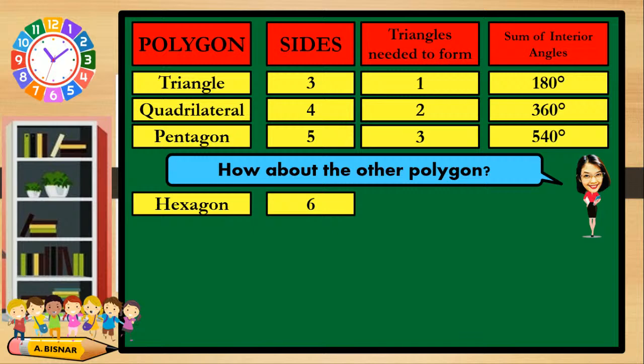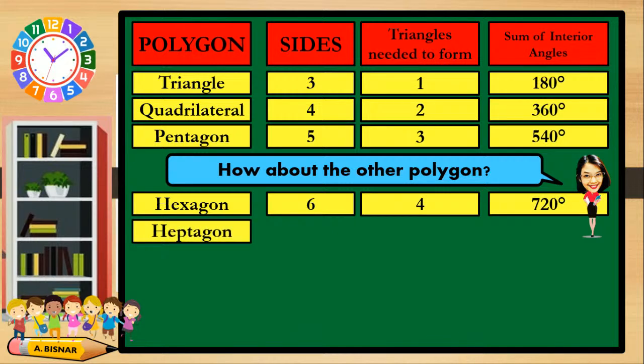What do you think will be the answer in here? Okay, we have 4. And the sum will be 720.